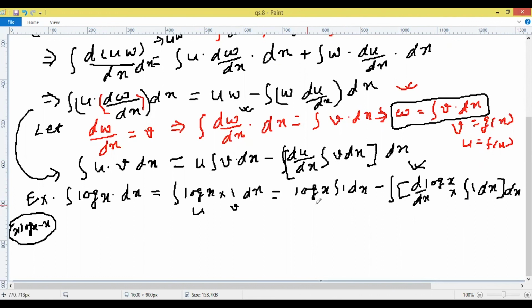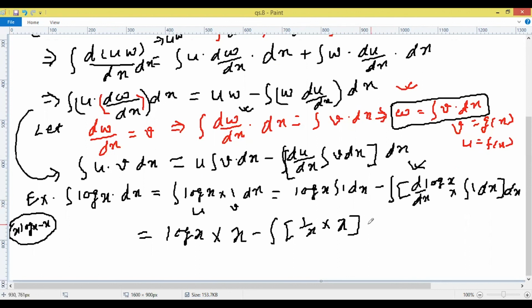After this step we have log x, we have to do nothing for log x, times the integration of 1, which is x, and minus inside the bracket: the derivative of log x, you know, is 1 by x, and inside the bracket again the antiderivative, here we have to integrate 1, so integration of 1 is x.